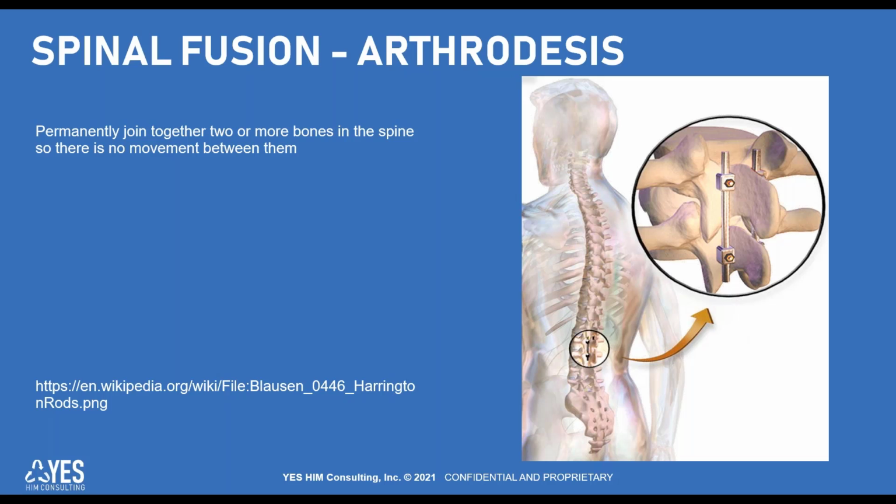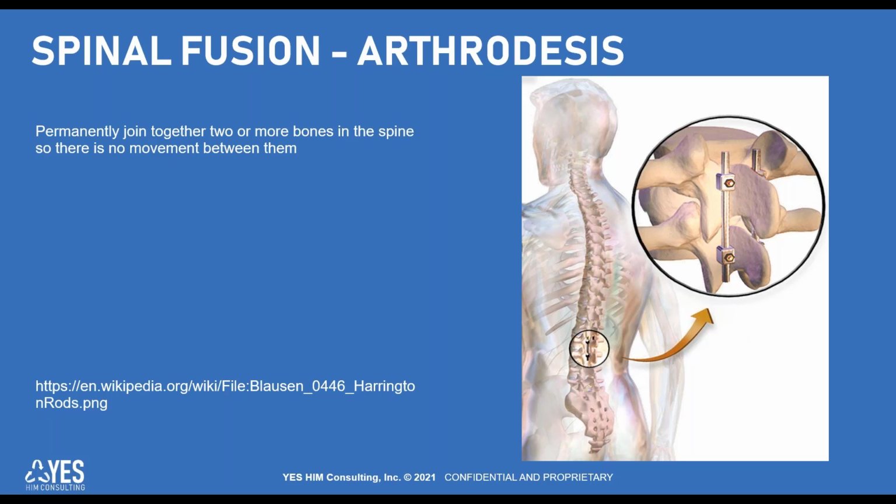There are many types of spinal fusions, and we'll talk about that a little bit later, but each technique involves using bone grafts, and we'll talk about this more in depth as well. That could include a bone graft from the patient, a donor, and or synthetic substitutes. And they use this bone graft to heal the bones together and permanently fuse them.